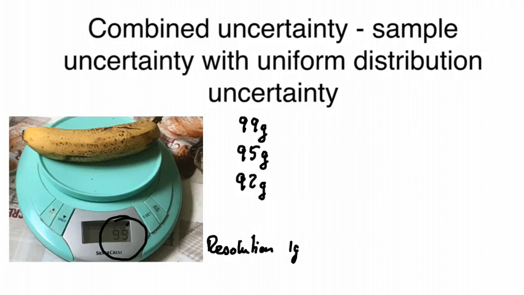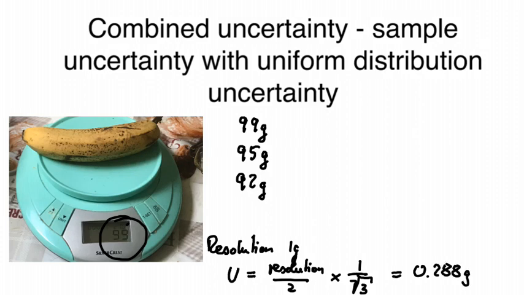I showed you that the uncertainty for a uniform distribution is given as resolution divided by 2 times 1 over square root 3. So if our resolution is 1 gram, we would get an uncertainty of 0.288 gram. And this is something that we can do even without any kind of measurements. We don't need to do any measurements.